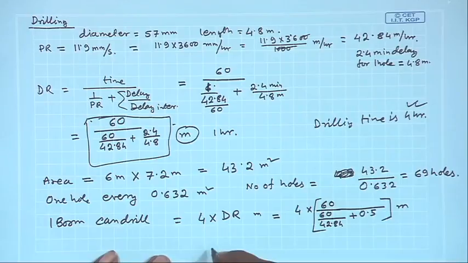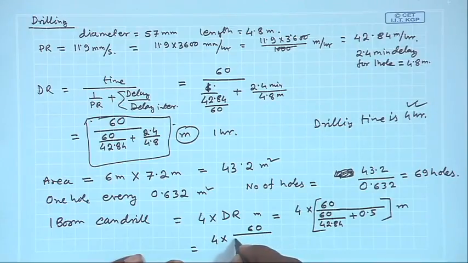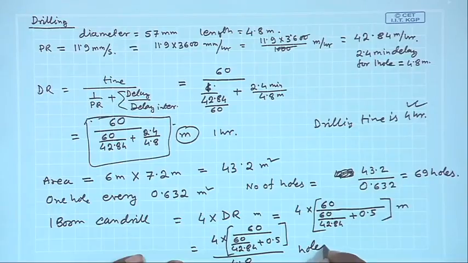If you convert it to holes, you will get 4 into 60 divided by 60 into 42.84 plus 0.5, divided by 4.8, as this is the length of one hole, giving the number of holes.